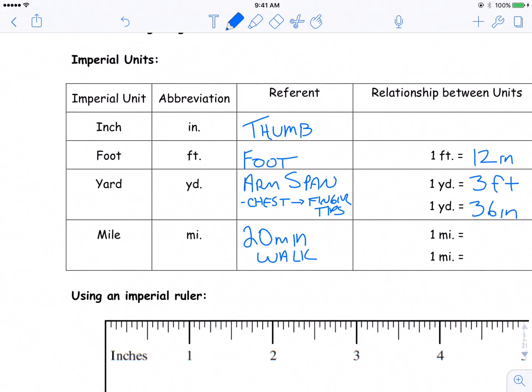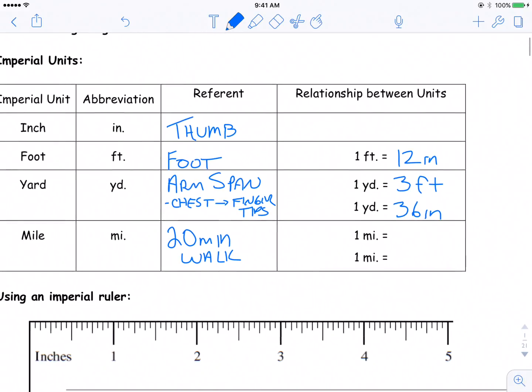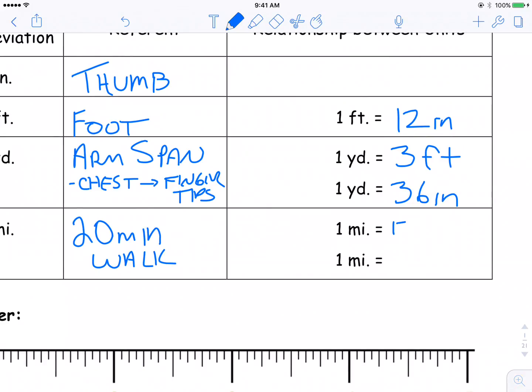Because 4 laps of the track could be 1,600 meters, which I believe is just a little bit shy of a mile, or it's about a mile. Some relationships between units: 1 mile is 1,760 yards, and if we wanted to convert that to feet, it would be multiply that by 5,280.